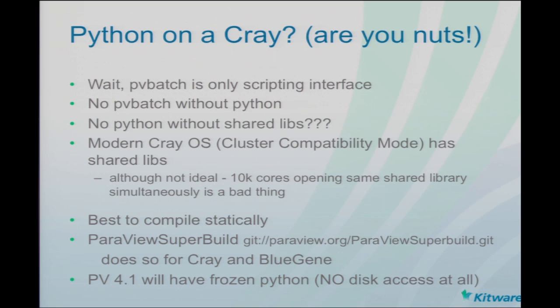Instead, I think you should do what we do in the ParaView super build when we cross-compile, which is that we CMakeify Python and then compile Python statically. This has some performance benefits, in that all of the routines you need are generally within the libraries. If you need to do this, I'd recommend you look at the ParaView super build, download that, and try it, and see how we CMakeify and then statically build Python and build it into ParaView.